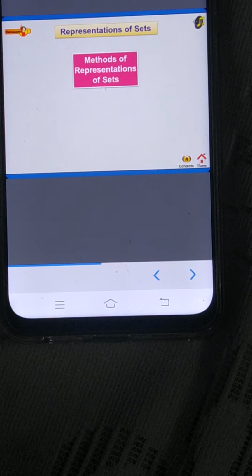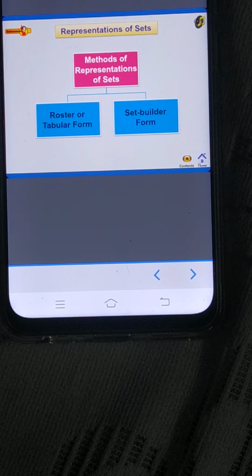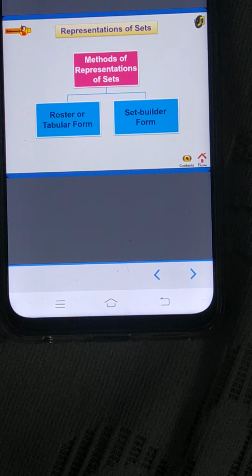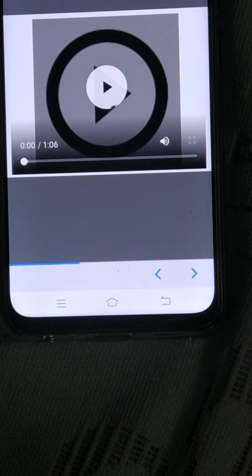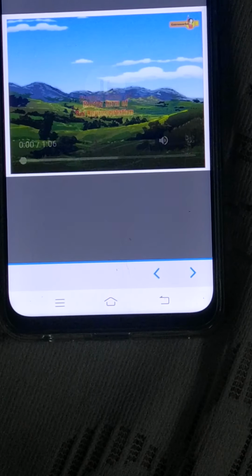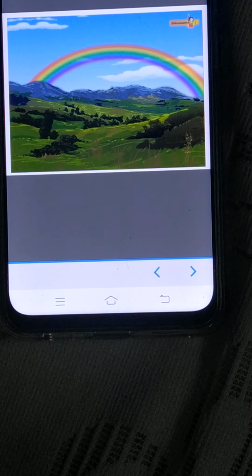We can represent sets in the following two forms: roster or tabular form and set builder form. Let us first know about the roster form with the help of following animation. Wow, what a beautiful rainbow it is! Can you name the different colors in this rainbow?